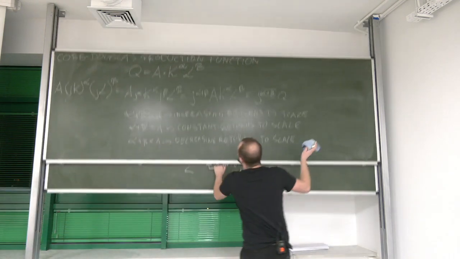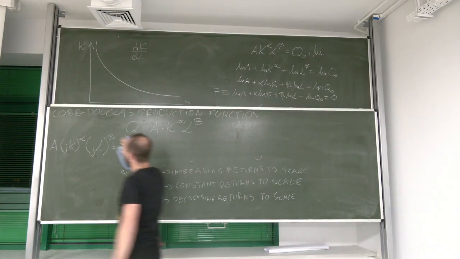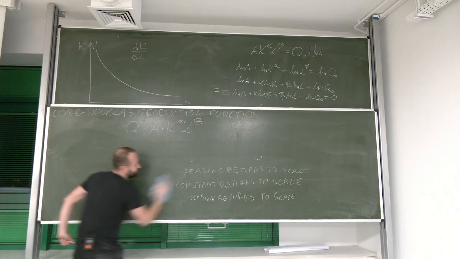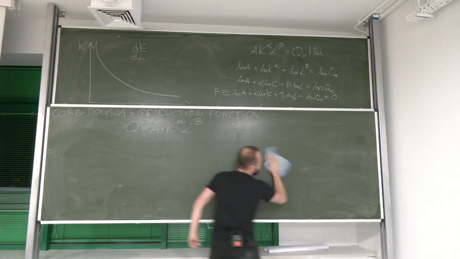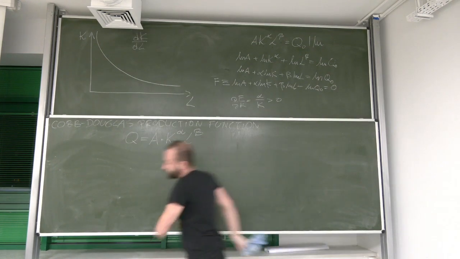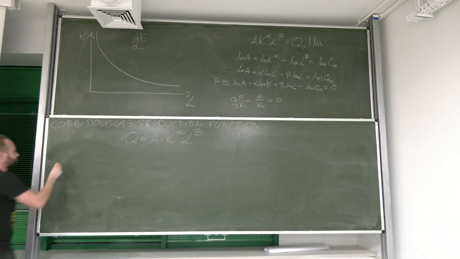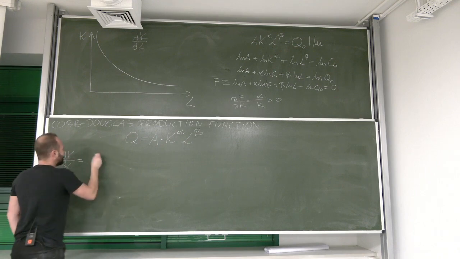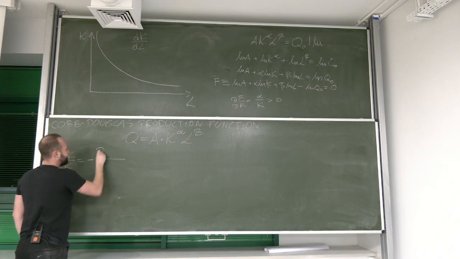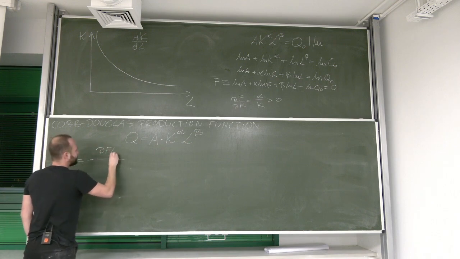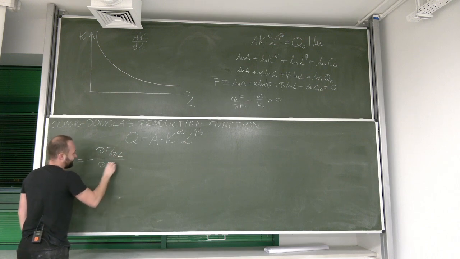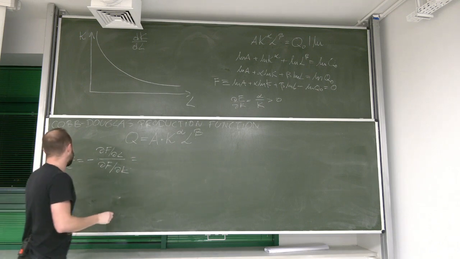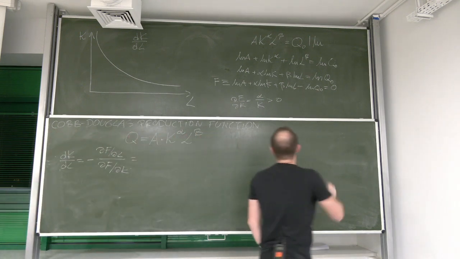Okay, so the implicit function rule tells us that dK/dL should be equal to the negative of the derivative of function f with respect to L divided by the derivative of function f with respect to K. Okay, so let's find those two derivatives. They're very easy to find.